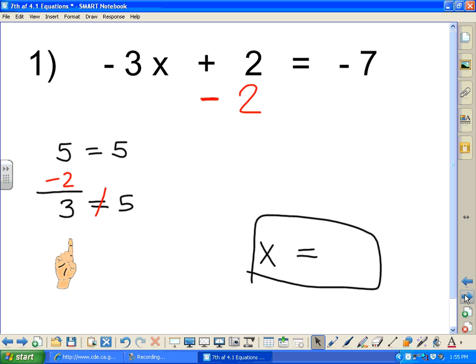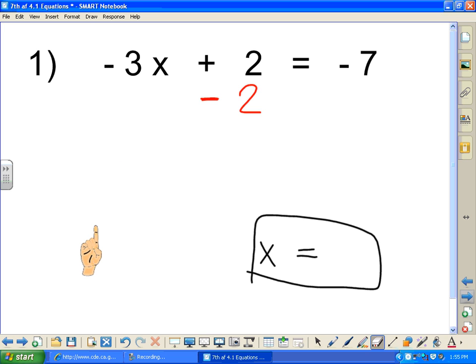By no means. The equality does not hold true. What do I do so that the equality does remain the same? If I subtract 2 on one side, I've got to make sure I subtract 2 on the other side. And by doing so, I end up getting a 3 equals a 3. And here I was able to preserve my equality. So that is what we need to do here.